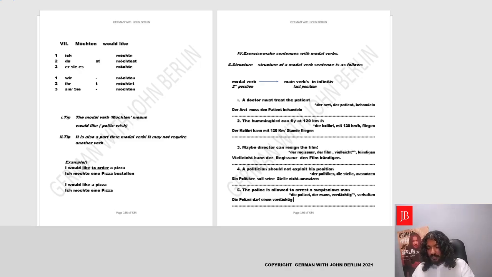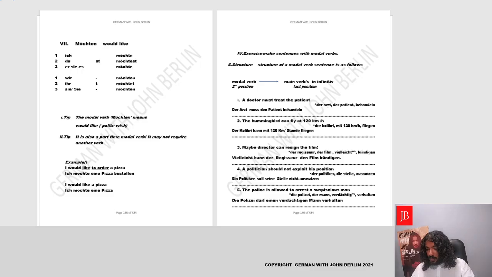If you see the adjective table, it'll give you the ending en. So it'll be verdächtigen. Die Polizei darf einen verdächtigen Mann, what is the verb to arrest? Verhaften. Fantastic. So the Polizei can arrest a suspicious person. Okie dokie, that was the sentence.